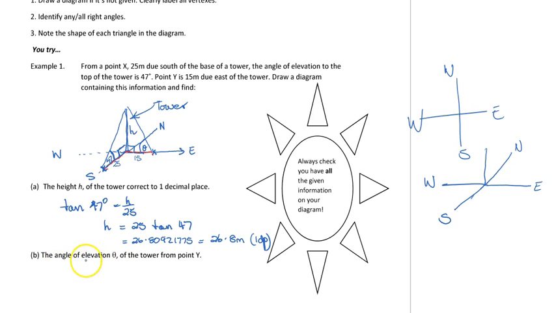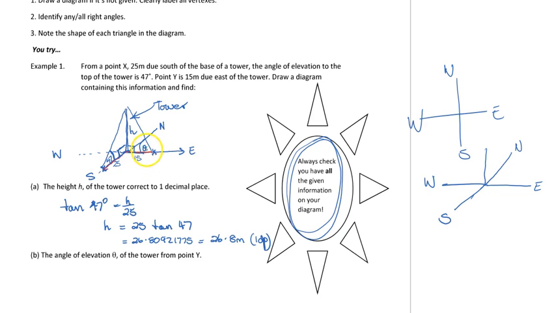When you have a look at where theta is, it's nicely sitting in a right angle triangle. And I've just made sure I've done this, I hadn't previously, which was to make sure you've got all the information on your diagram. I hadn't actually initially put that 15 metres in, which would be problematic now when we move on to this question. So in this triangle that theta sits, the elevation from Y to the top of the tower, you can see that the height is the opposite side, 15 is the adjacent side.